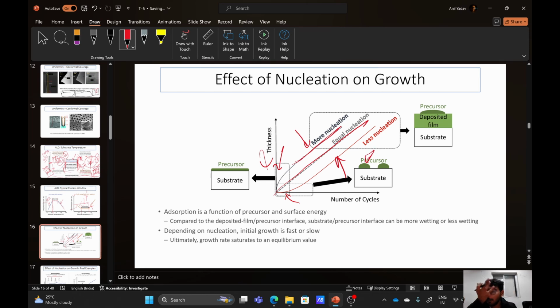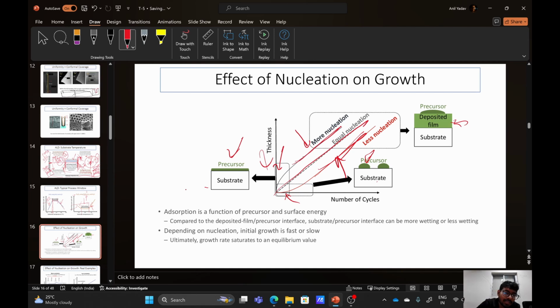You can understand wetting from the hydrophobic or hydrophilic nature of the surface. But at a higher number of cycles it is the same, because after some time the deposited film will be the same for both substrates. This depends on the substrate.